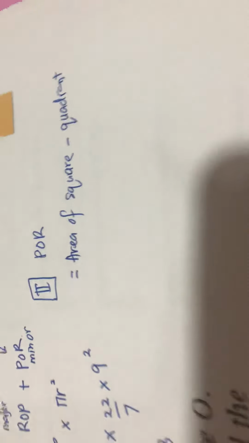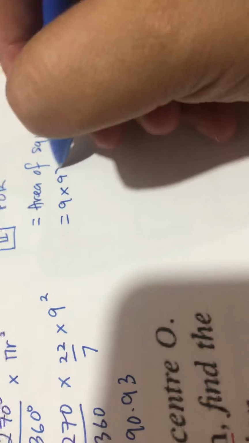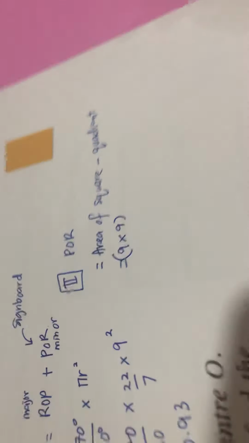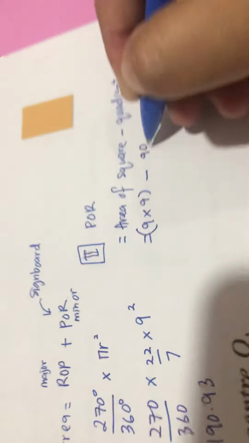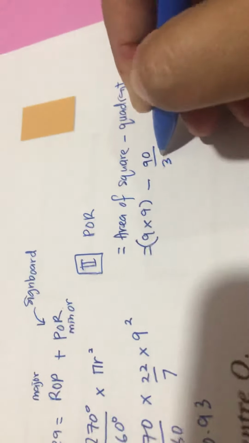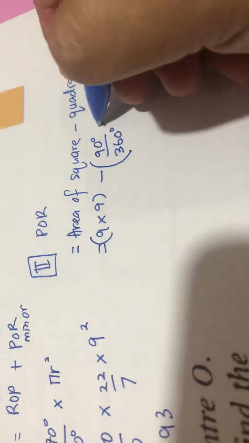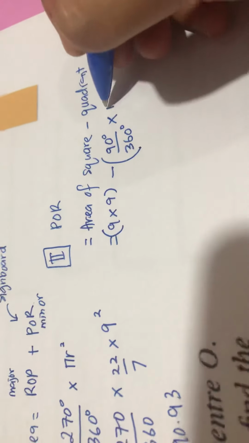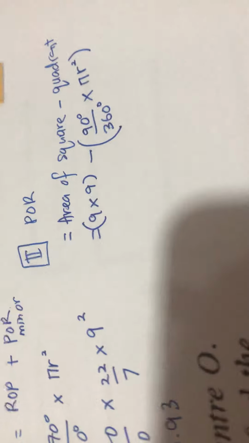Okay. So, area of square kita adalah 9 kali 9. Okay. Untuk kuadran pula, kita ada 90 degree over 360 degree times with pi r squared. Okay.